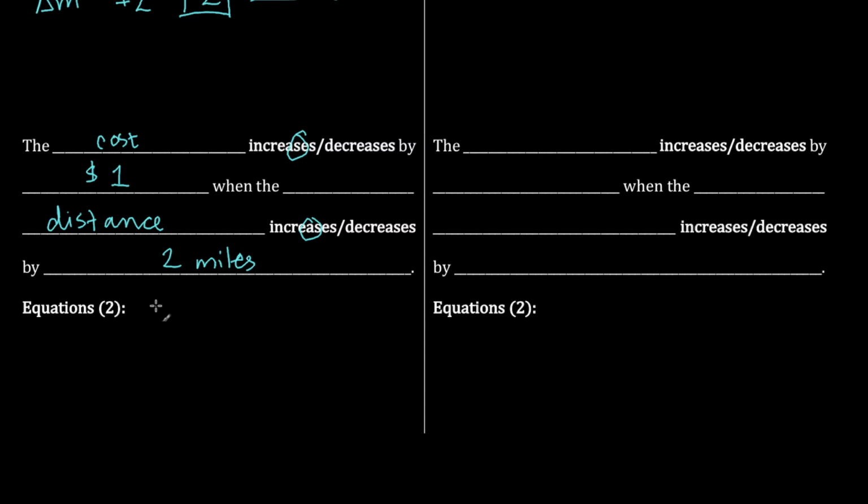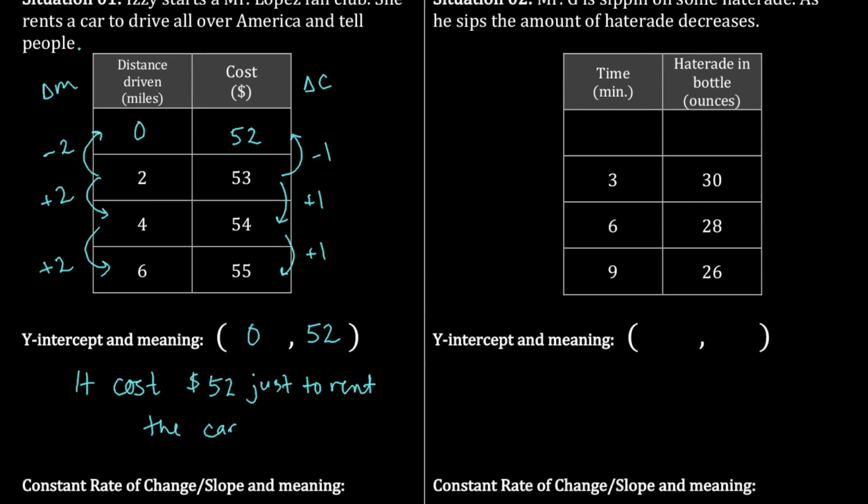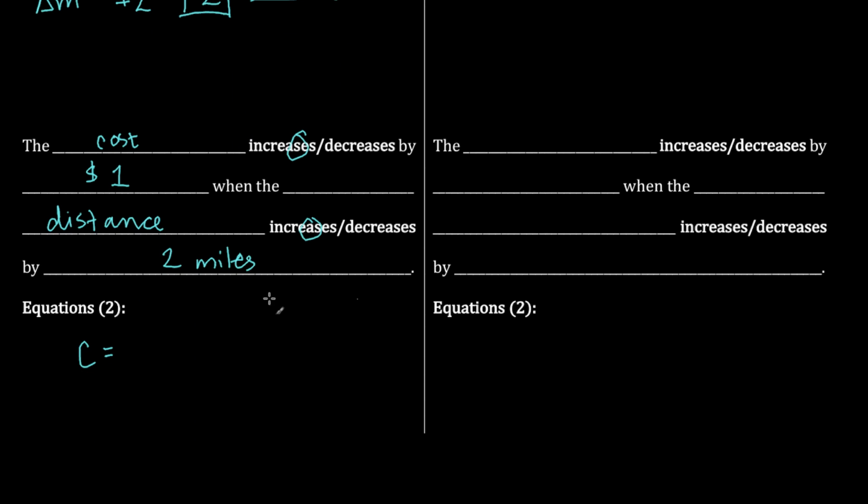Let's write some equations to represent the situation. So the cost is what we're talking about. The cost is our dependent variable. The cost equals $52 to start with, plus $1 every 2 miles. So 1 over 2 times the number of miles.